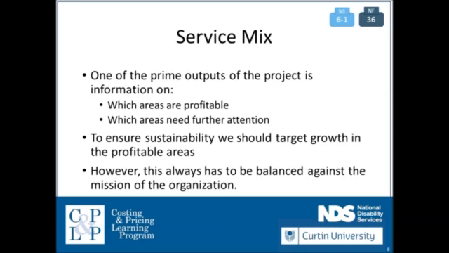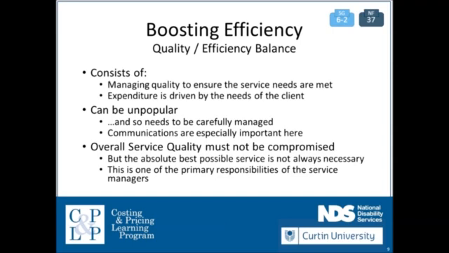I guess the other point to emphasise at this point is that this is not about reducing mission-centric elements of your organisation or those activities, but really approaching those activities in a much more intellectually engaged way so that you understand what the financial impacts are and you can mitigate, you can respond to those financial impacts to ensure ongoing financial sustainability for your organisation.